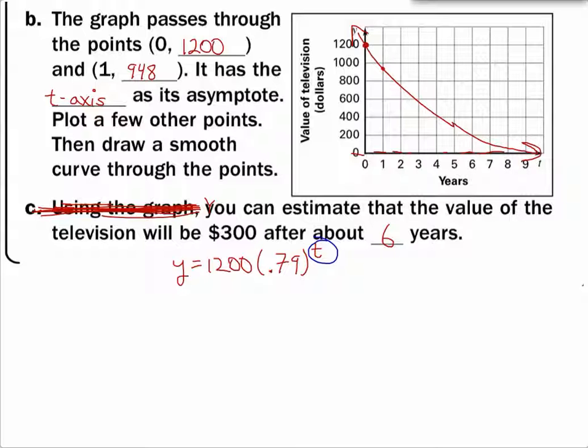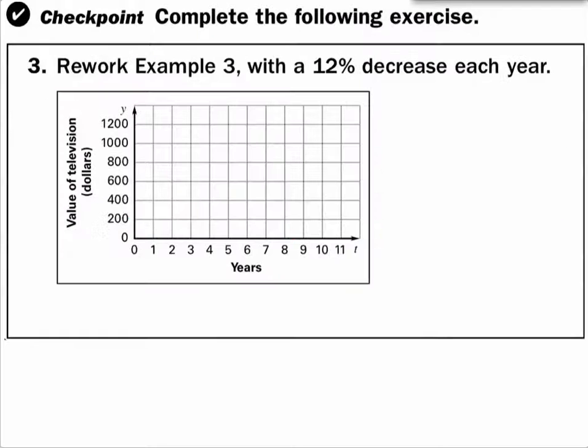But moving on, we have checkpoint 3, which is to rework that same example with a 12% decrease every year. Okay, well, there's value here because we know certain pieces of information. First of all, the initial value, 1200, and we know the rate of decrease is 0.12.